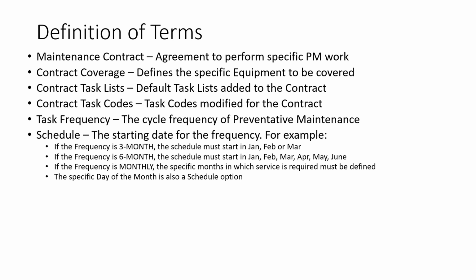Once we've defined the frequency, we need to also define the schedule. For example, if the frequency is quarterly, then we must define what month of the quarter it starts in, either January, February, or March. Similarly, if it's biannual, we must define the starting month so that the follow-up visit can happen 6 months after.